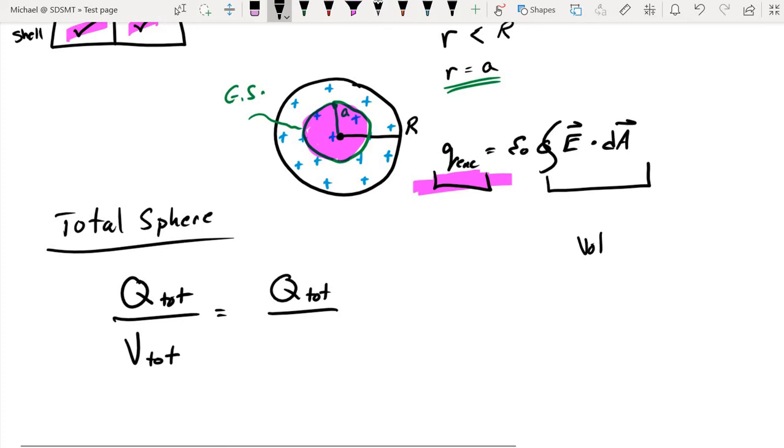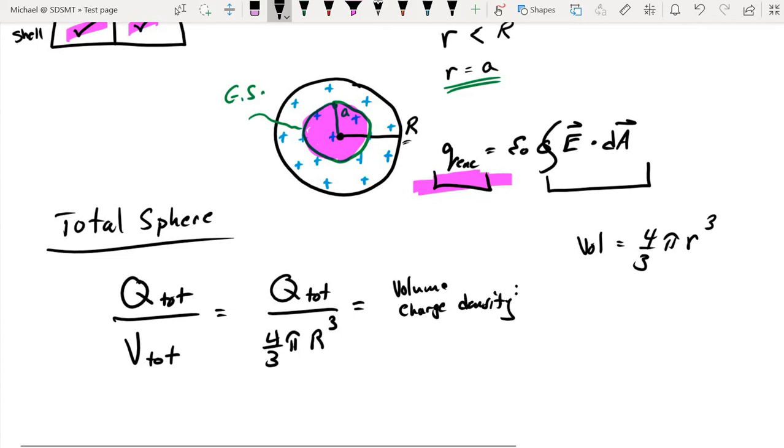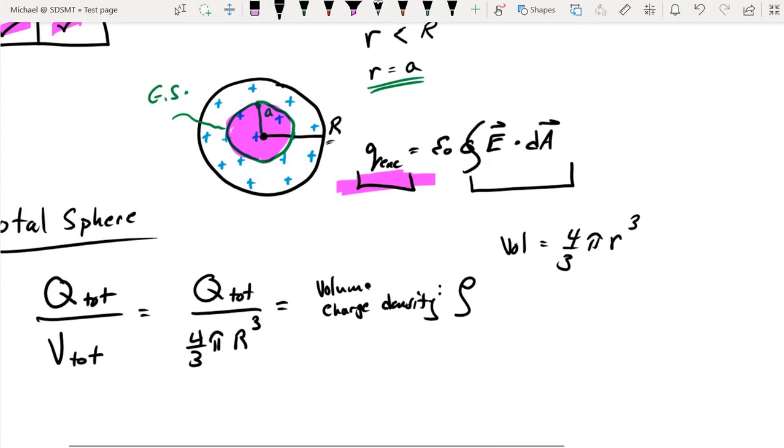The volume of a sphere is 4/3 pi r cubed. In our case, the total sphere has a total radius of big R. And this is what we call our volume charge density, and we give that the name of rho.